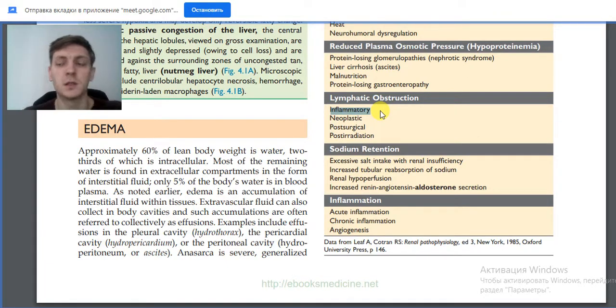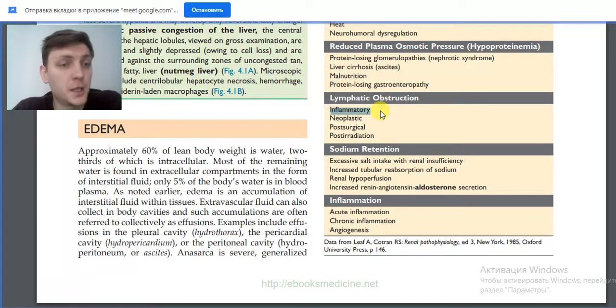This is the role of the lymph nodes: they interrupt the passing of lymph from the infected area to the blood, and that's the main purpose of lymph nodes. Of course, it causes a congestion of lymph fluid, and that causes the lymphatic obstruction. Of course, we will see the edema in this area.